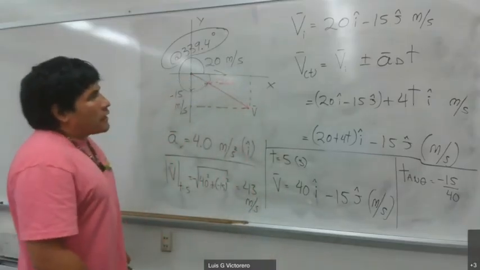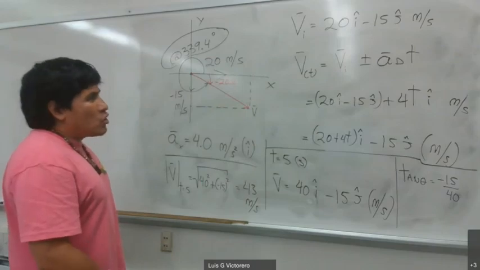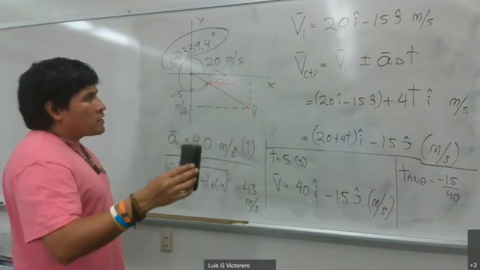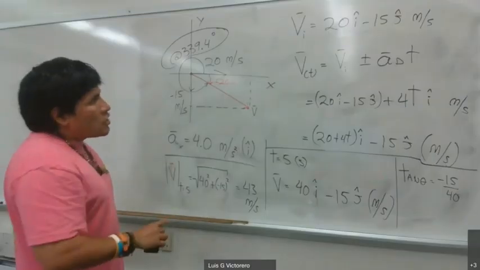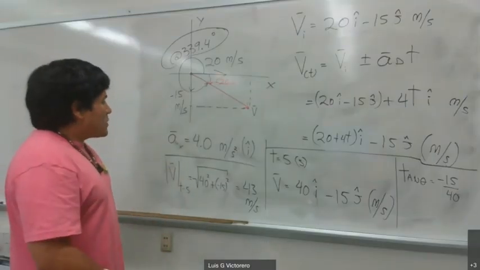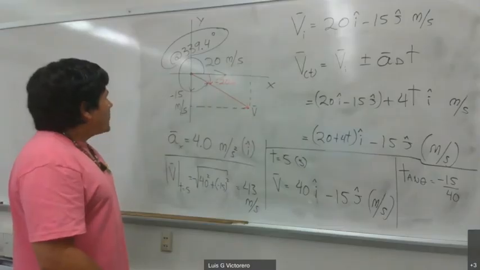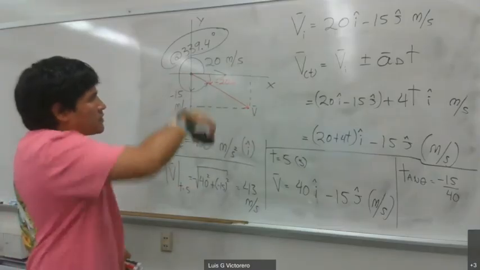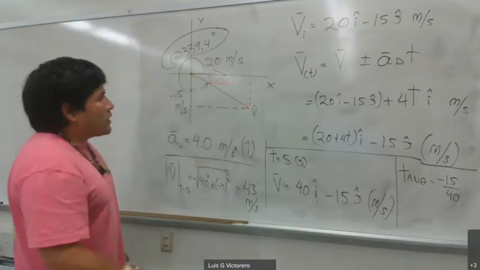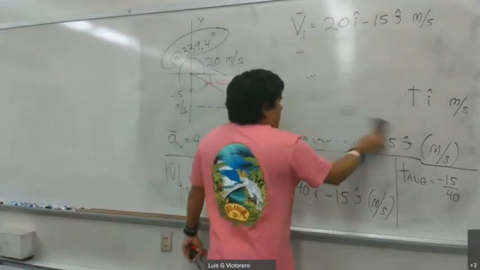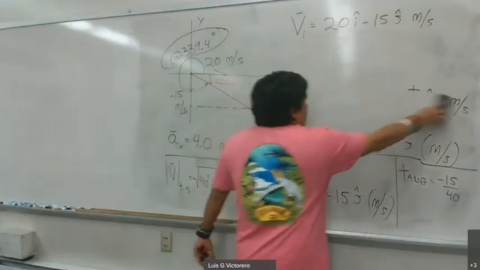We need the equation of position, R final equals R initial plus V initial times time plus one half a t squared. So to find that, I will erase that. I'll just leave the initial speed and I'll write the equation of motion for R final.